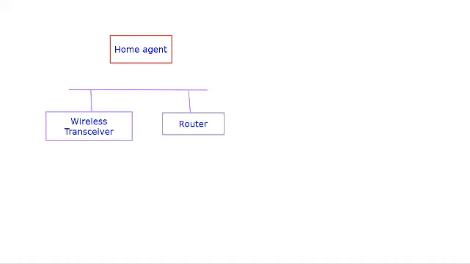And from the wireless transceiver, a mobile node is attached.